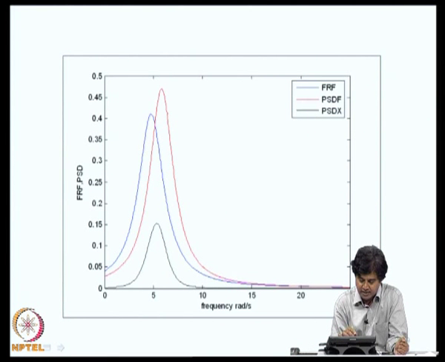Now, if the peaks of the input as well as the system transfer function come close to each other, again there is a substantial increase in the energy, and you can see that is almost like a resonance condition in deterministic analysis. So, the average power in the output process tends to get magnified in those frequency regions where there is higher power in the input and the value of the transfer function is high.